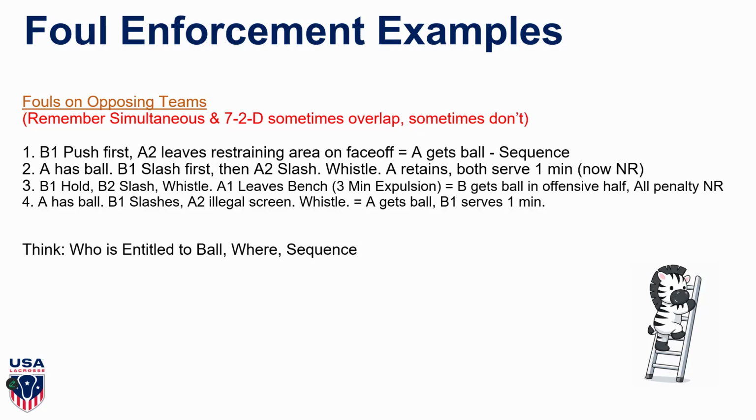When the team entitled to the ball commits a personal foul, everybody serves. So in that scenario, B1 serves 30 seconds for the push, A1 serves 1 minute for the slash. The ball is restarted where it was because you have time-serving fouls on both teams, and the team that gets the ball is the team that had less penalty time, which in this case was Team B.